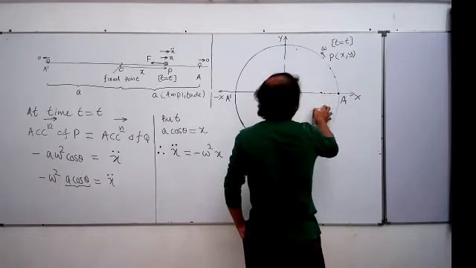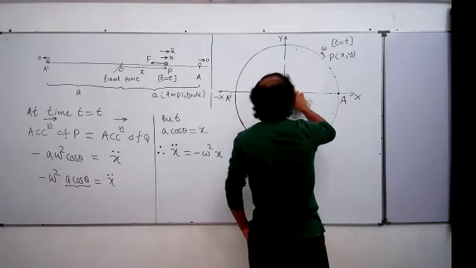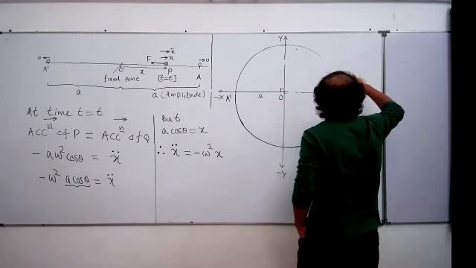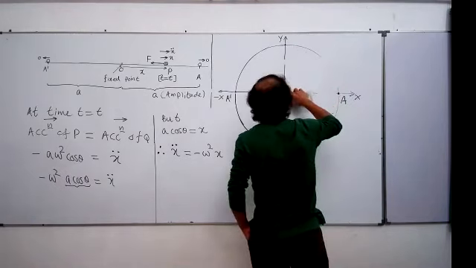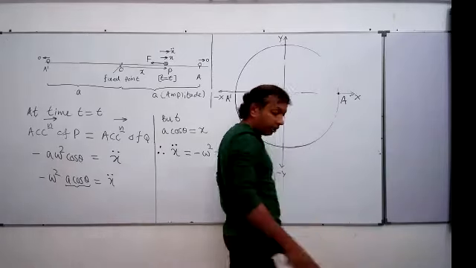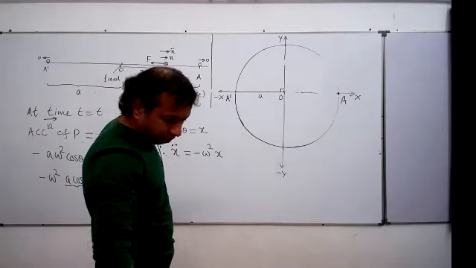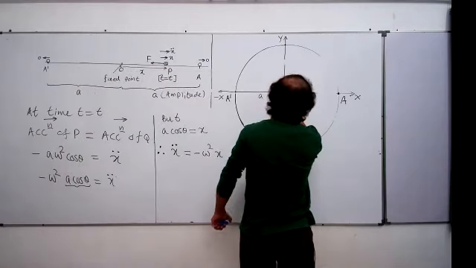People, period means, now the point Q moves on a simple harmonic motion, no? Like this.